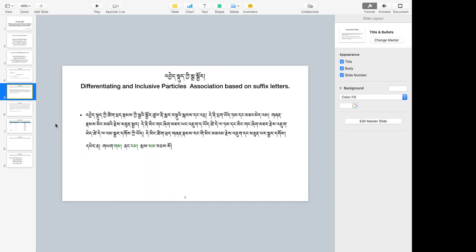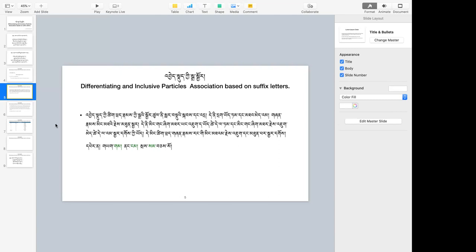So what we're doing here is elaborating on the third line, where it states the usage of these particular particles. Like we said, these are called the differentiating and inclusive particles because each is either a differentiating particle or an inclusive particle, depending on the usage case. Particles themselves don't manifest as any of the groups.